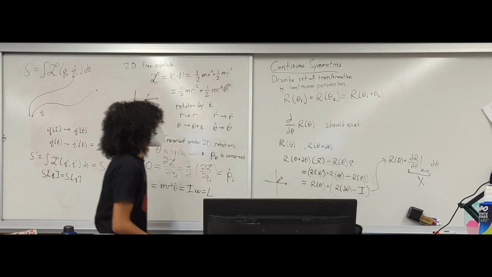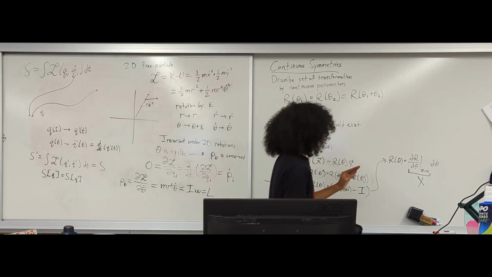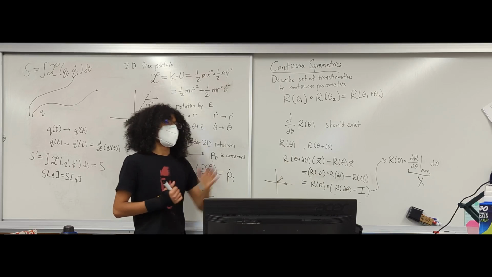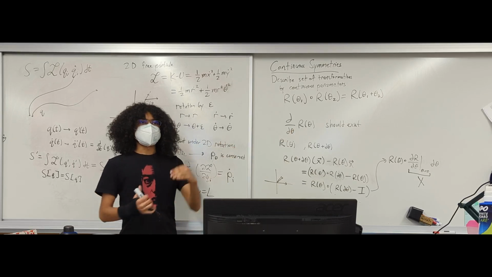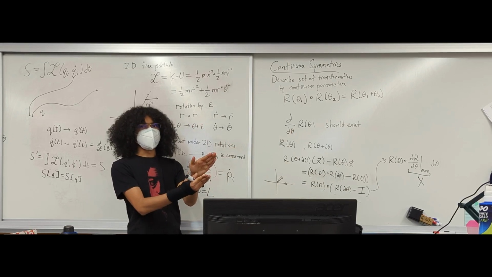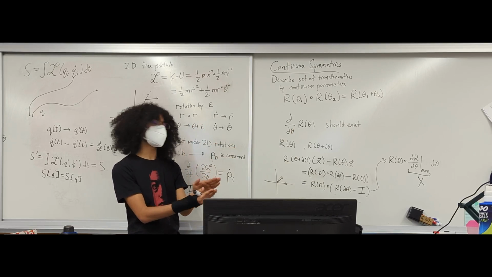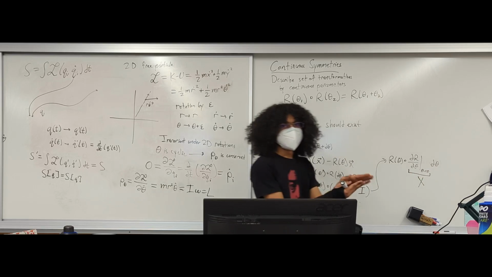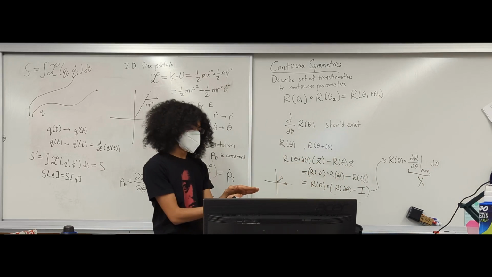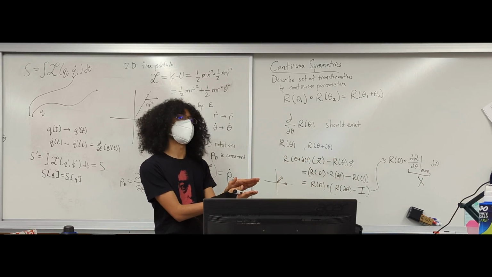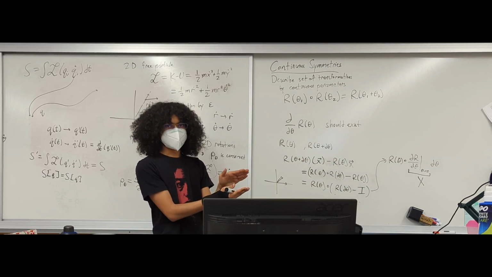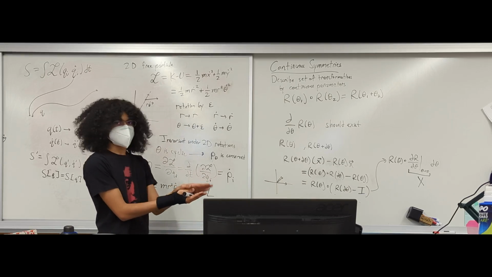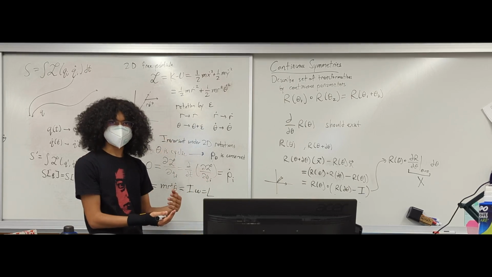What we can do then is think of starting at this identity transformation and then building up all of our symmetry transformations by doing the transformation by d theta and repeatedly doing that, compounding those over and over until we get all the transformations for all of the theta.